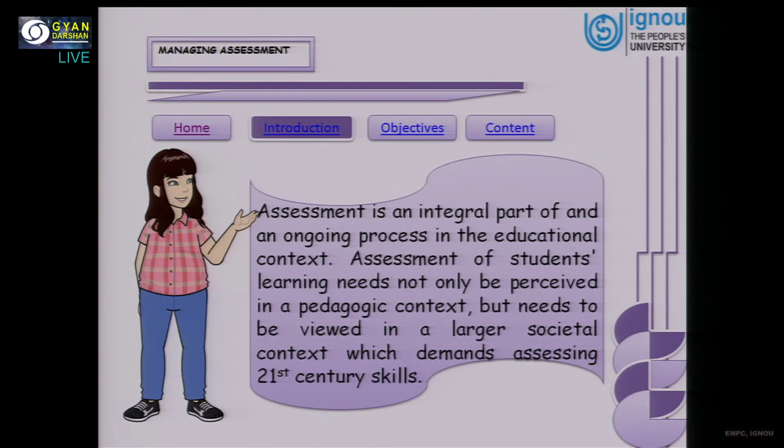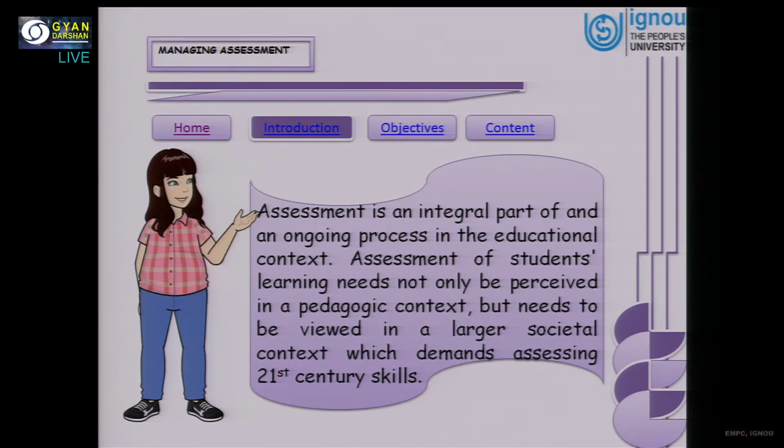When we think of assessment, we cannot overlap it with the other terms like measurement and evaluation. This assessment is an important aspect in the teaching learning process, or we can say that it is an integral part of and an ongoing process in the educational context.